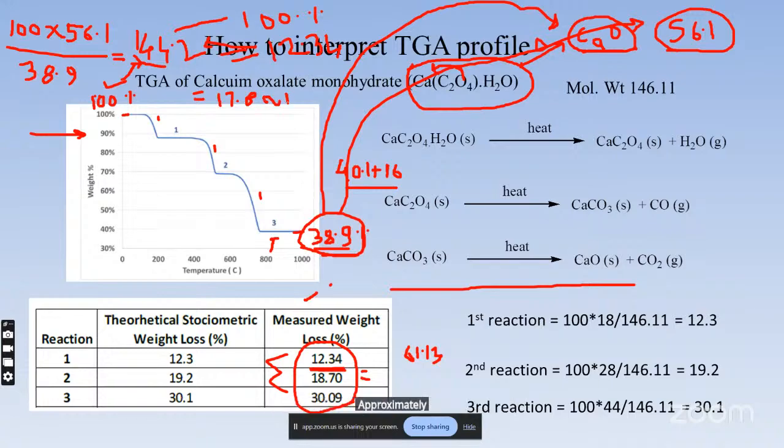That is a water molecule. So you can assign this loss to water molecule. That is why we have removed water molecule in the first step.